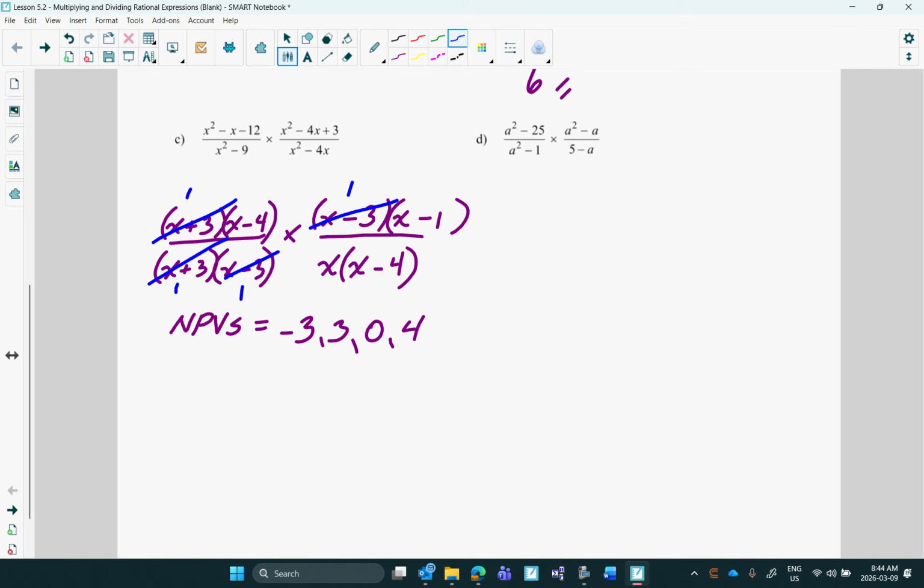Do you see another pair? X minus 4s. And that's as far as I can go. So what's left up top? X minus 1. You don't have to put parentheses around it, but I'm going to anyway. And the only thing left in the denominator is X.